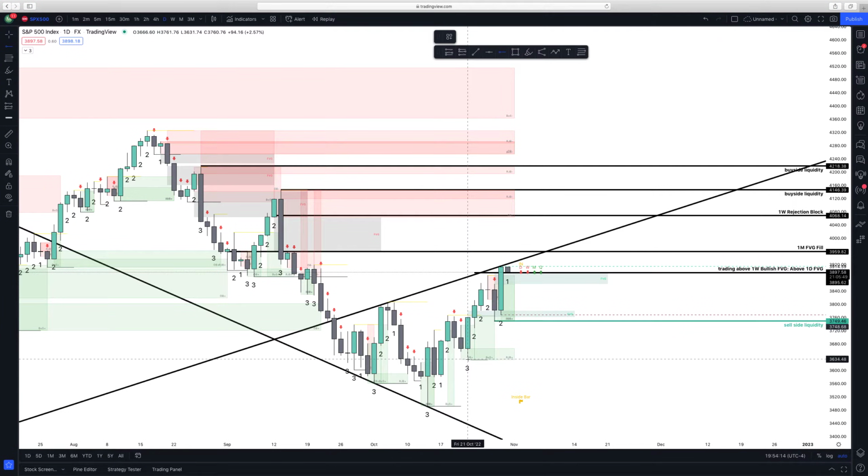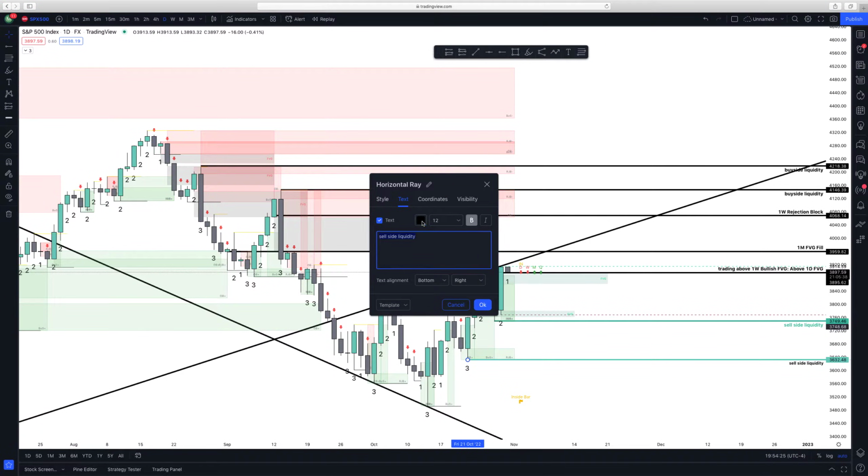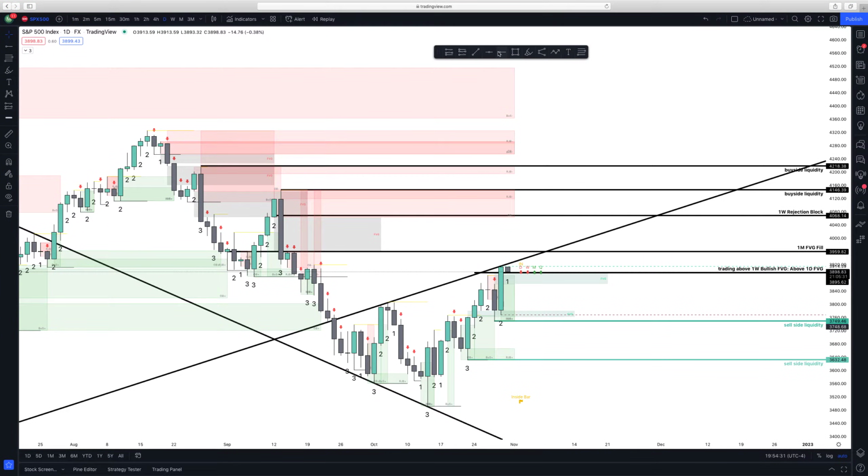There's another area of sell side liquidity at 36.32, which I'm going to make different, changing the color. And the lowest area of sell side liquidity.